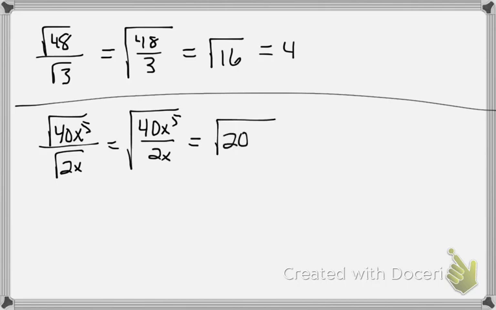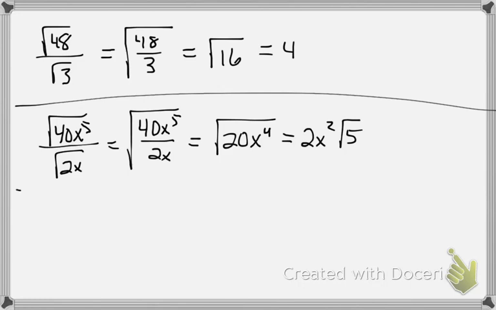Yeah, so we have square root of 20x to the 4th. And that breaks down to 2x squared root 5. Do you guys agree? Okay. So if it divides cleanly, it's in our best interest to put it back as one radical of a fraction, divide out cleanly, and simplify from there.